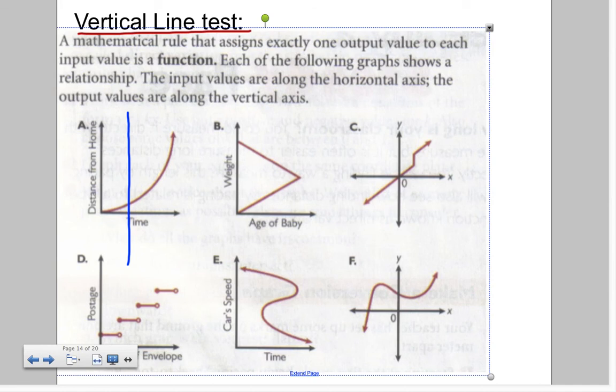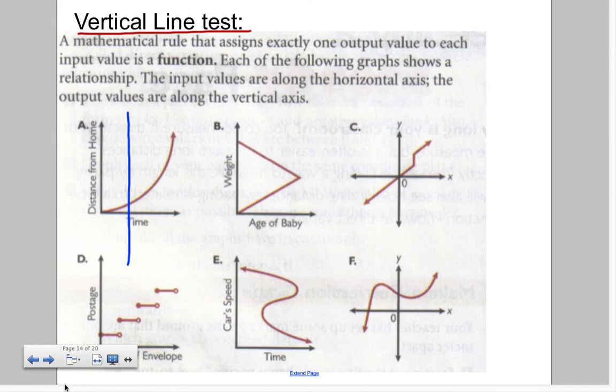And if I move this little guy right here, how many times does that cross that red graph? Hopefully, it only has one intersection point. It's crossing right here, okay?